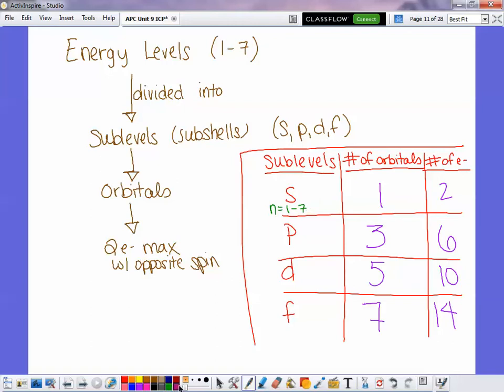The shape of the S sublevel is a sphere. Okay, that's not why it's called the S sublevel. It just happens that they both start with the same letter. The P sublevel is found on which energy levels? 2 through 7. Anyone know what this shape is called?